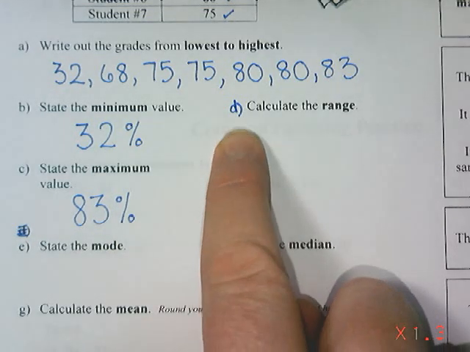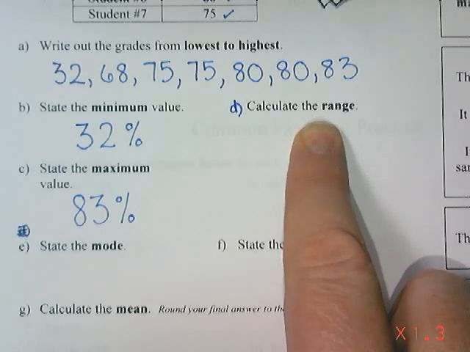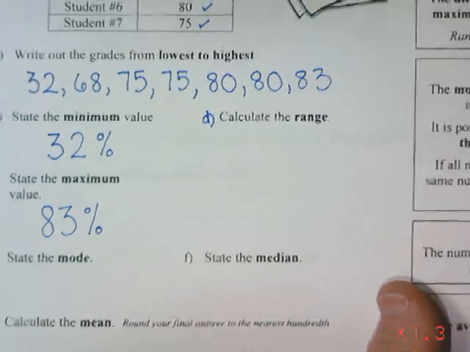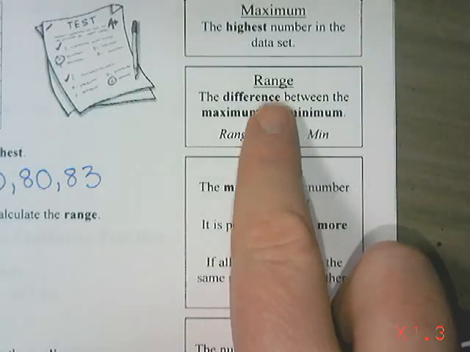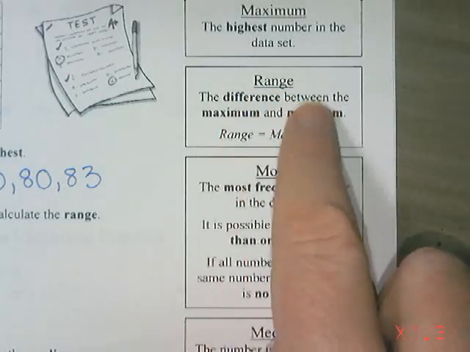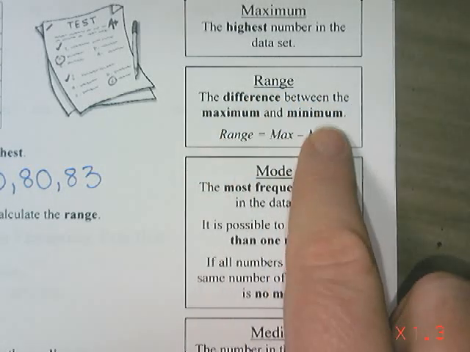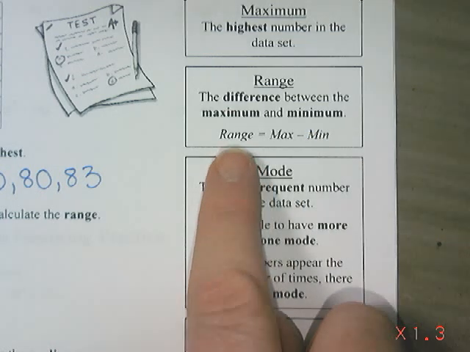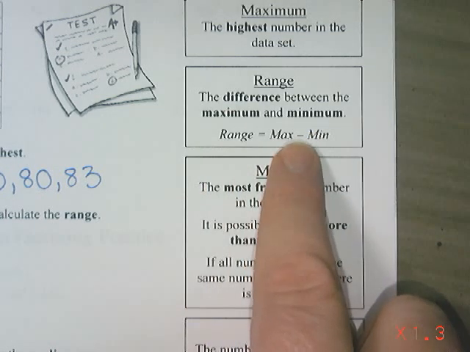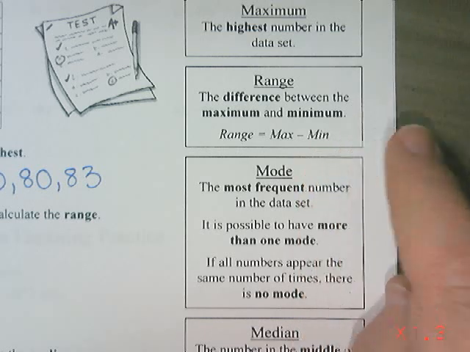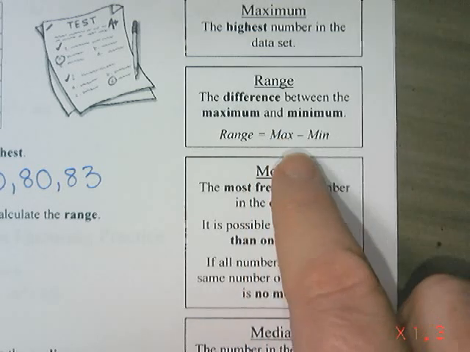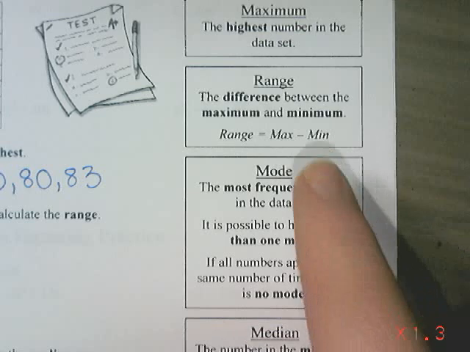Part D says calculate the range. So if I take a look at the side, it says the range is the difference between the maximum and the minimum. And then there's an equation that says the range equals maximum minus minimum. So we take our largest number and we subtract the smallest number.